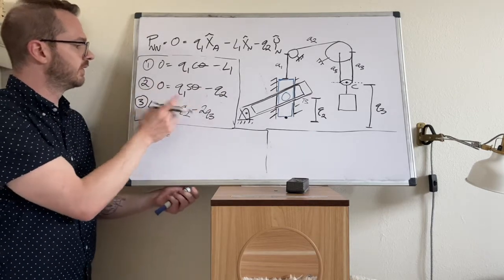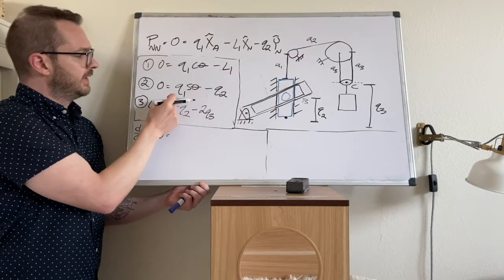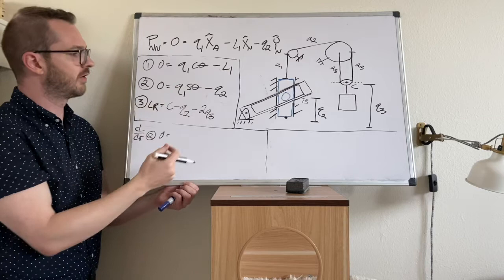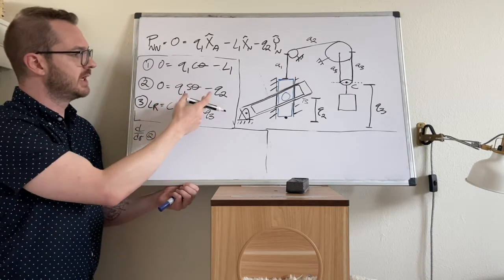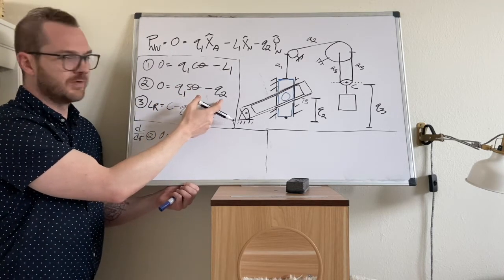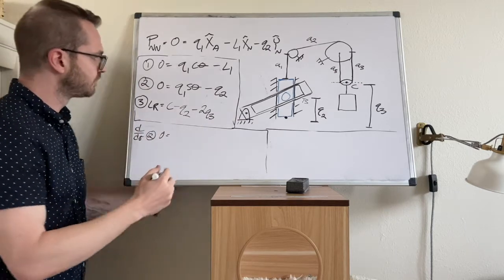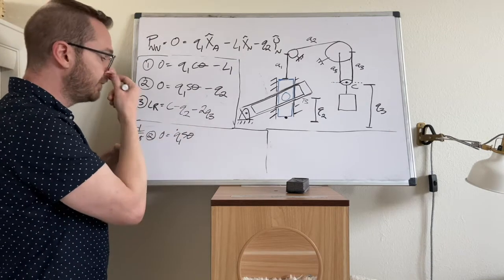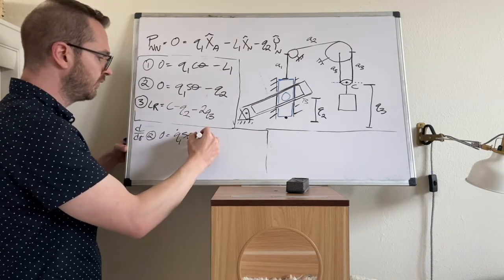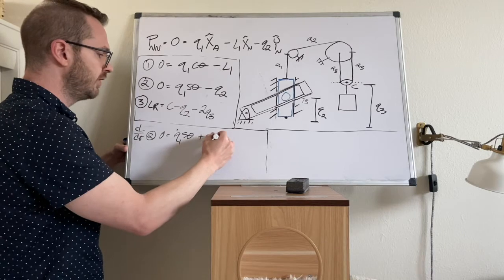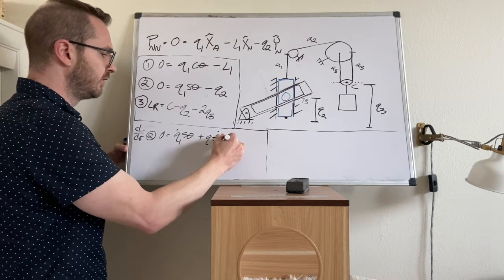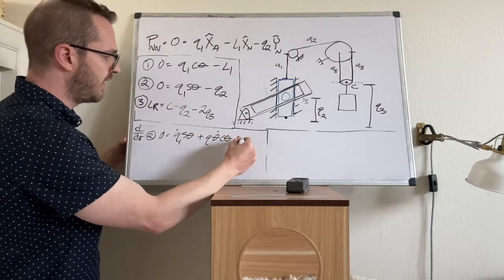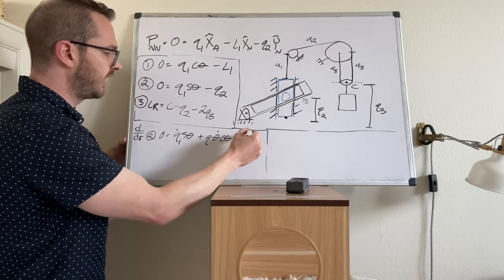Well, q1 and theta are variables, so we're going to do product rule expansion. And this time, when we take the derivative of q2, q2 is a variable as well. So we're going to have q1 dot sine theta. The derivative of sine is cosine, so plus q theta dot cosine theta. Again, chain rule. And then we're going to have minus q2 dot.